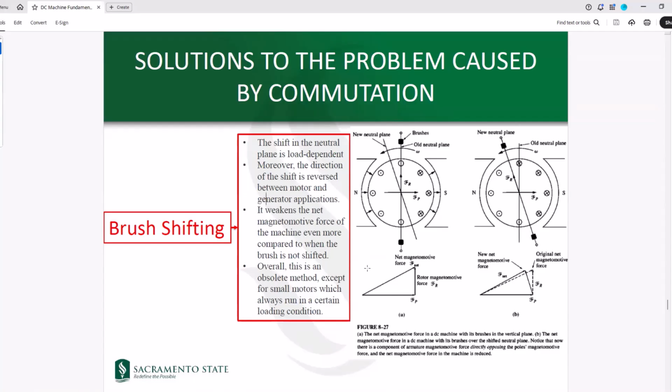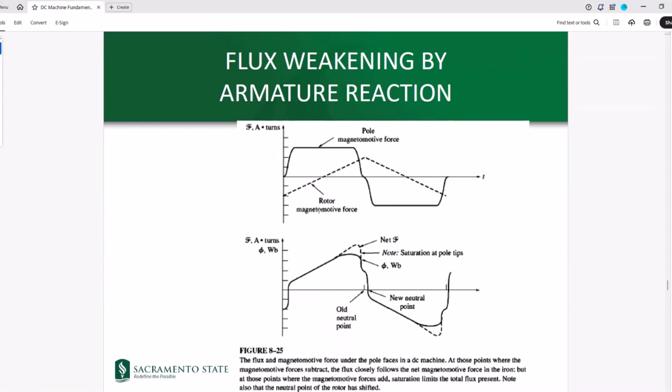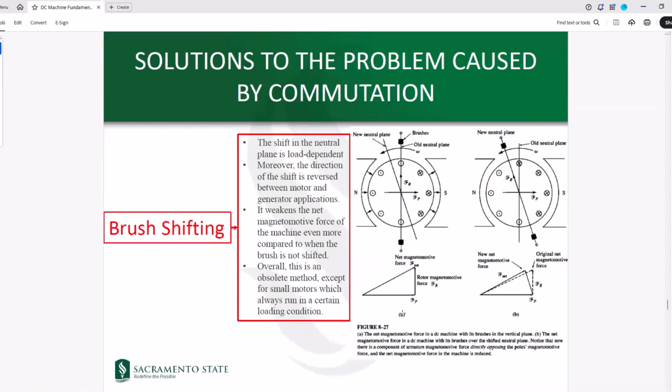There is another issue. We talked about the overall magnetomotive force of the machine being weakened by this armature reaction. If you look at it from a vector perspective, if this is the F associated with the pole, then the armature reaction due to this neutral plane shift would be a vector like this, which would result in an overall net magnetomotive force of F net like this.